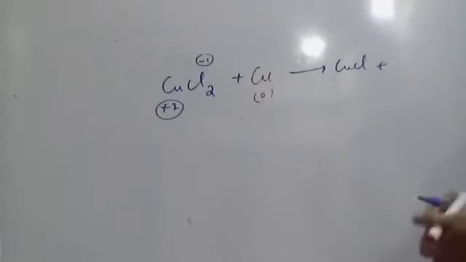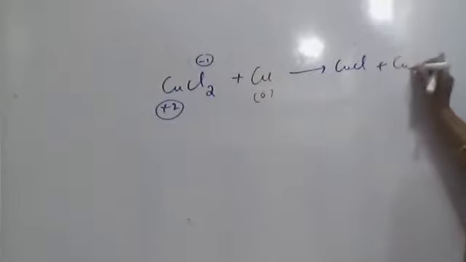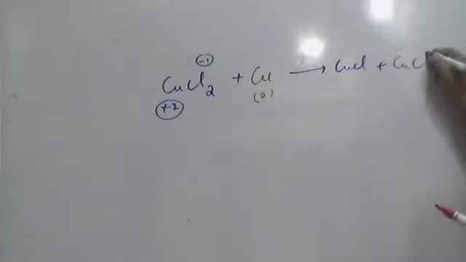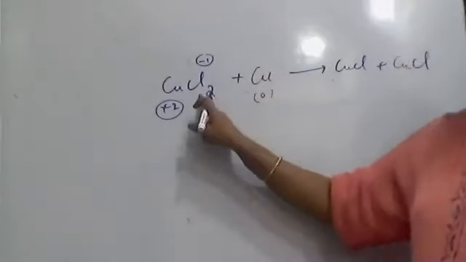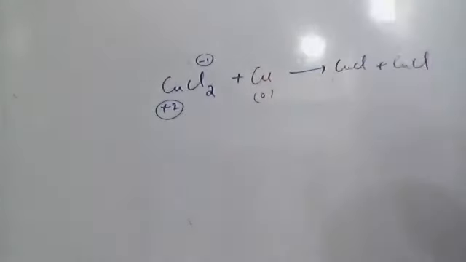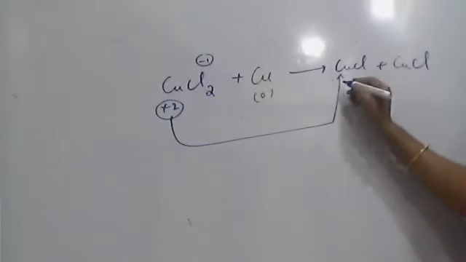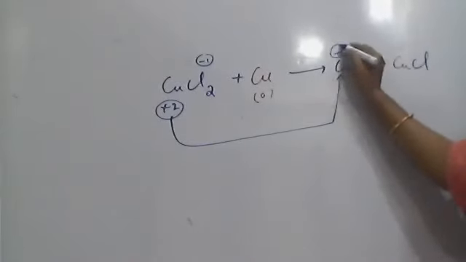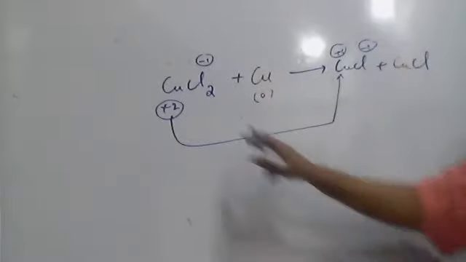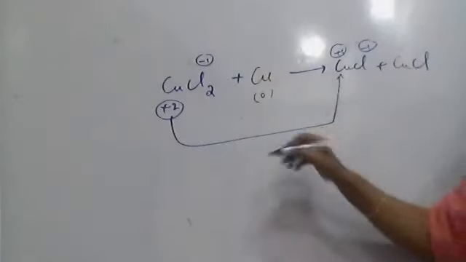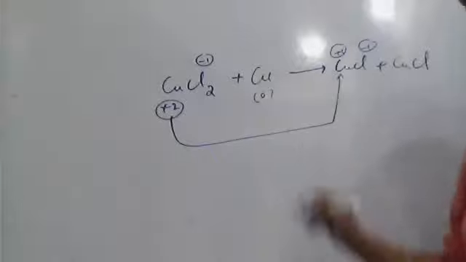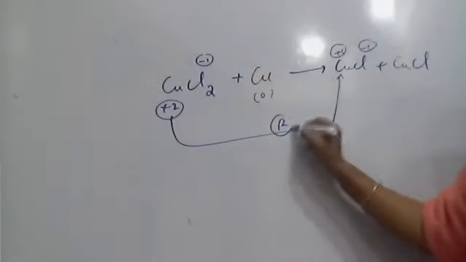Here this copper is combining with chlorine. See here, now this +2 changed to +1, as Cl is -1. So +2 to +1, decreased or increased? Decreased. It is reduction.